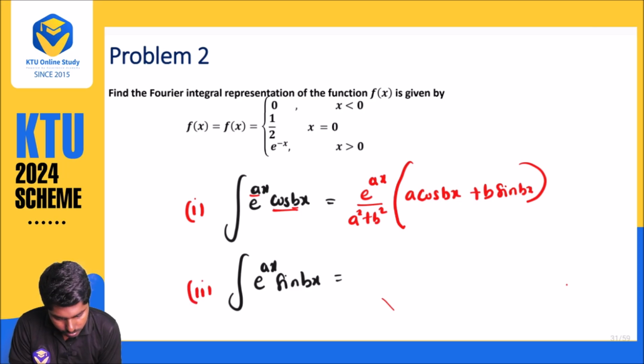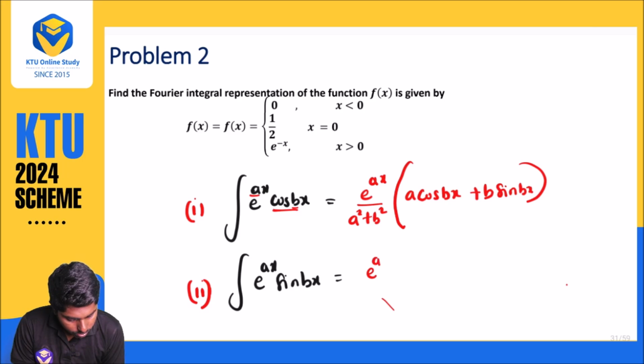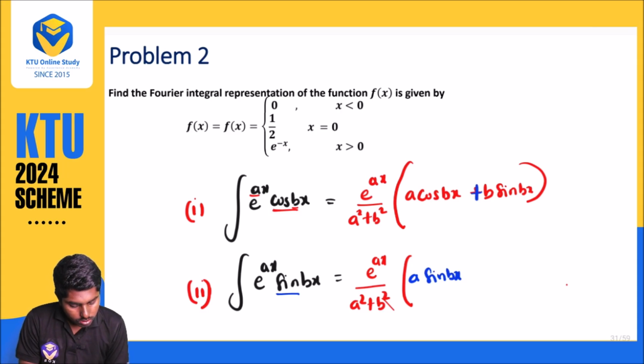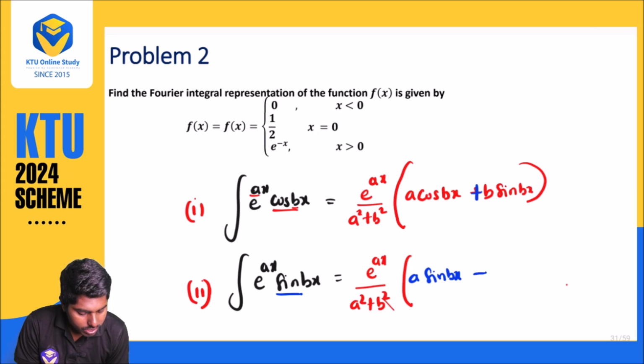The second formula is integration of e power of ax sin bx. That is e power of ax divided by a square plus b square, and the alphabetic first is A, then here sin is first, so a sin bx. Here a plus symbol would give the same formula, but since it is sin, I am writing a negative symbol, b into cos bx.